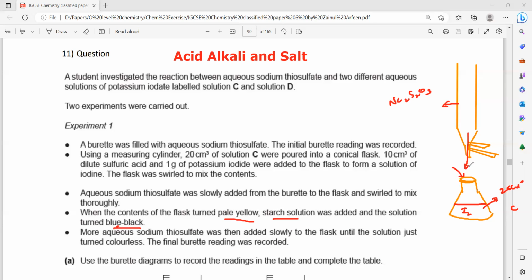But as we add thiosulfate from the burette, the amount of iodine decreases. Eventually, no iodine is there, and the solution will turn colorless. Once the solution turned colorless, we identify that all of the iodine is removed from the conical flask. So more aqueous sodium thiosulfate was added until the solution turned colorless, and the final burette reading was recorded.